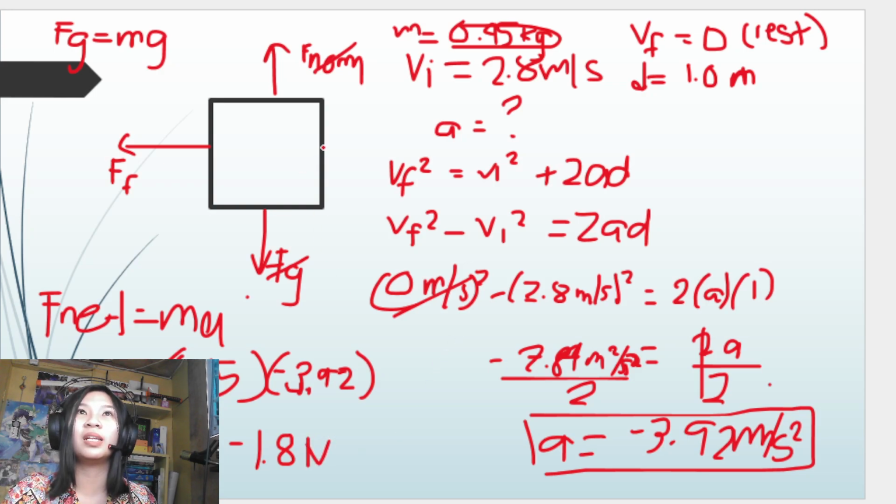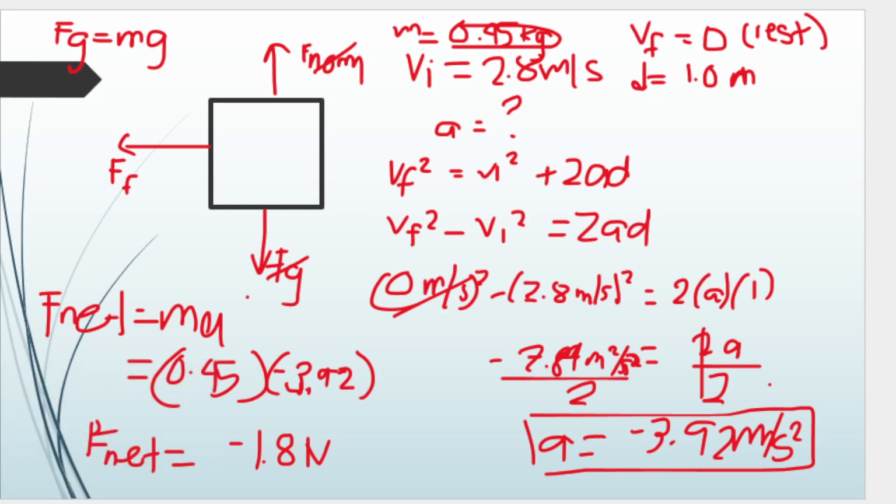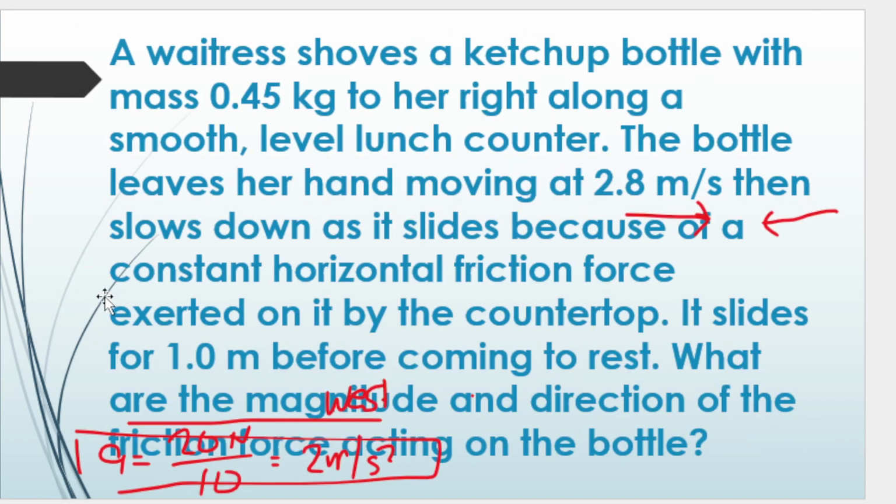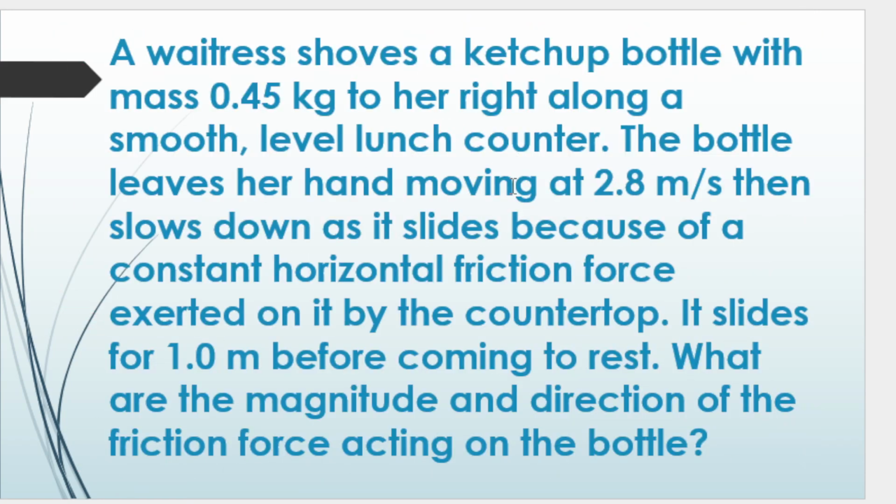But it was placed on the right. That is wrong. Why is it wrong? Because it is negative. What does negative mean? Negative means it is opposing the motion. If the motion is on the right, then the negative is to the left.